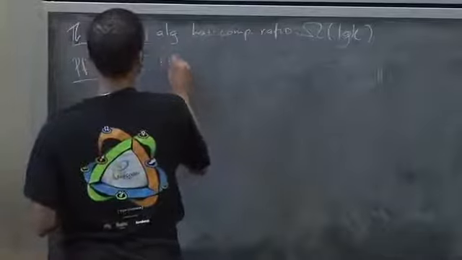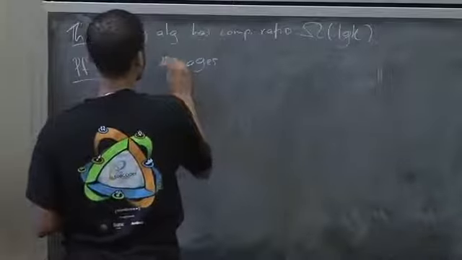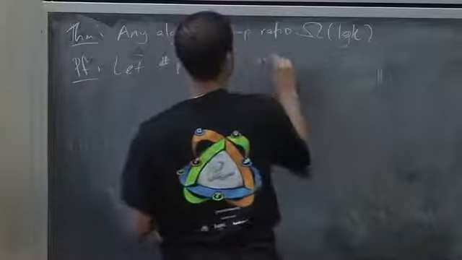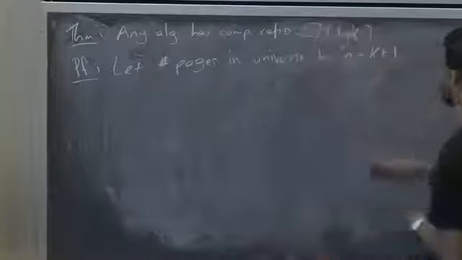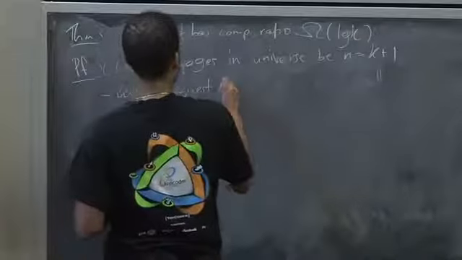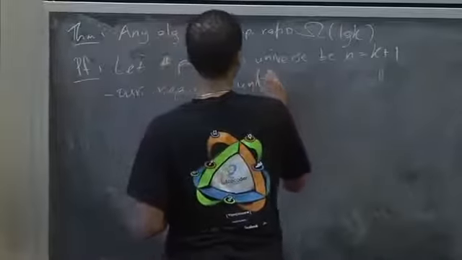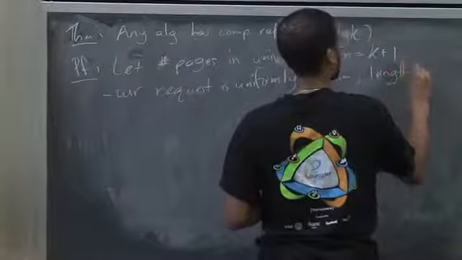Let the number of pages in the universe be k plus 1. Okay, and our request sequence is uniformly at random, of length m.